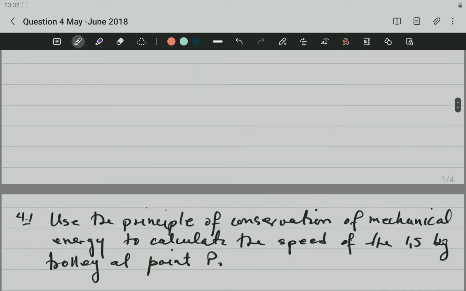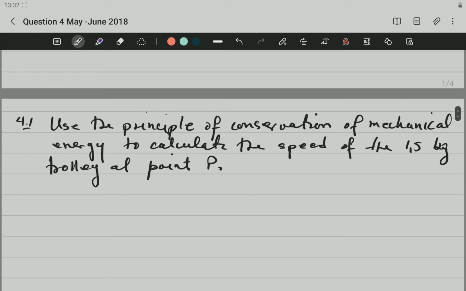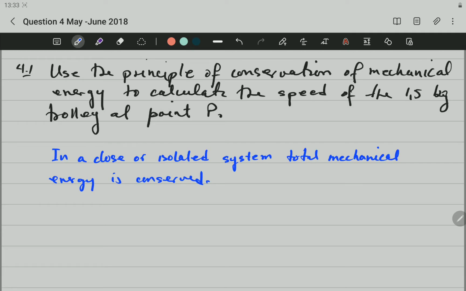Now, question 4.1 says use the principle of conservation of mechanical energy to calculate the speed of the 1.5 kilogram trolley at point P. So let's first of all recall the principle of conservation of mechanical energy. It was done in grade 10. This says that in a closed or isolated system, total mechanical energy is conserved.